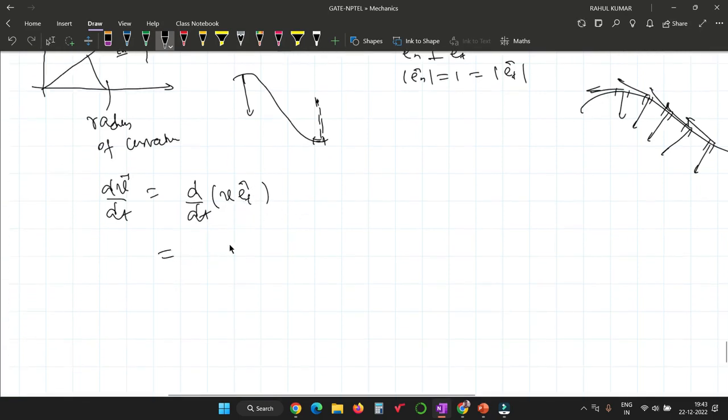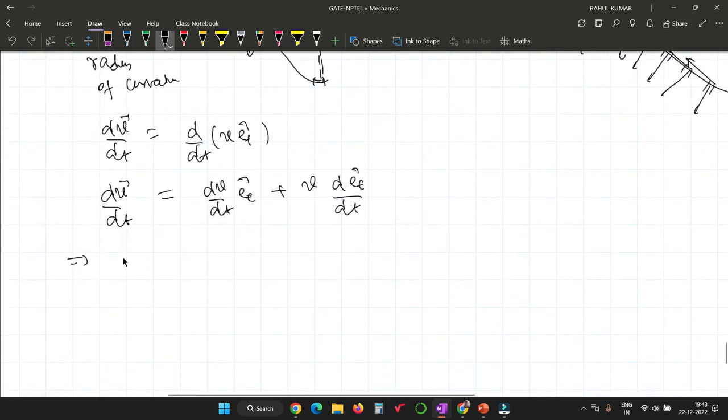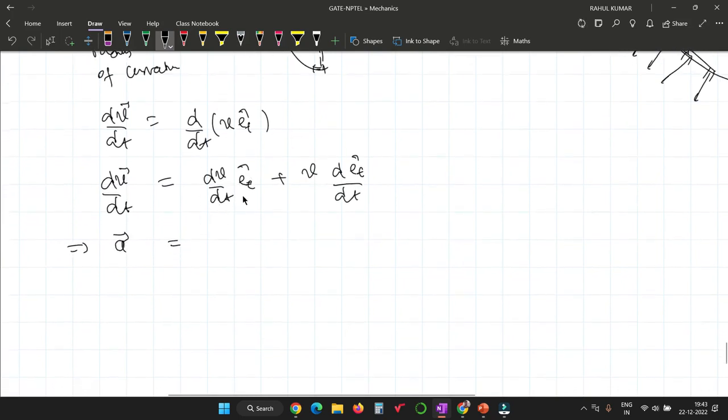From the chain rule, you will get dV by dt Et cap plus V d Et cap by dt, right? Now the rate of change of velocity is nothing but the acceleration vector. So this dV by dt is called the tangential acceleration, the tangential part.